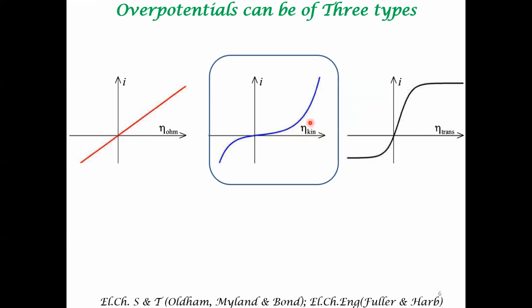In response to change in the overpotential, there is an exponential increase in the current. That is associated with electrochemical reactions. So there are three different reasons why you see these three different current responses to overpotentials. We would address this response in the next lecture. Thank you.